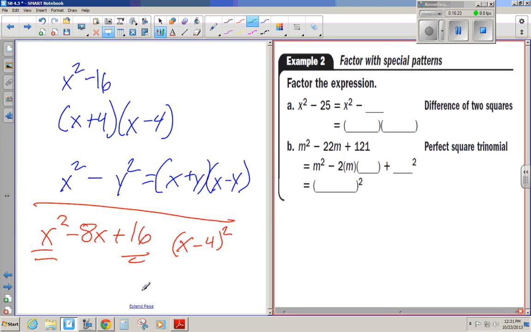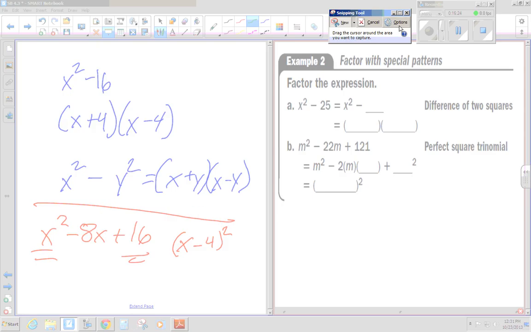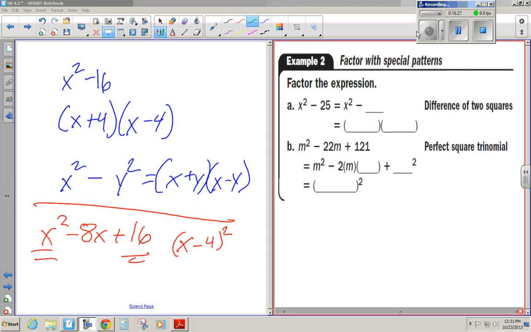So let's take a look at these. All right, take a look. Perfect square, perfect square. It's the difference of two perfect squares. So basically, this is x squared minus 5 squared, which means this is x plus 5 and x minus 5. This is a perfect square trinomial.